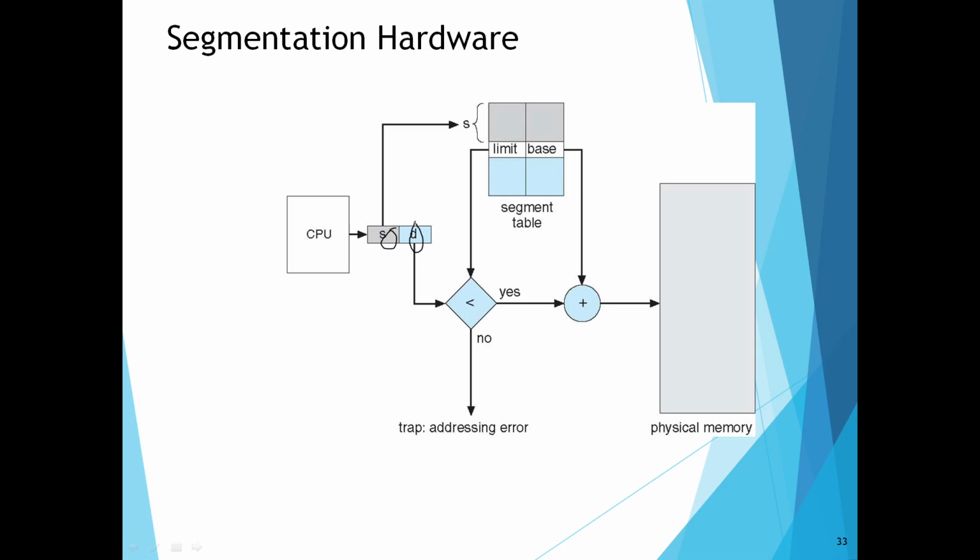By referring to the segment number, it will go to the segment table. The segment table contains 2 parts, a base address and a limit address. So it gets the base address of that particular segment and the length of that segment, that is the limit, and then goes to the physical memory.